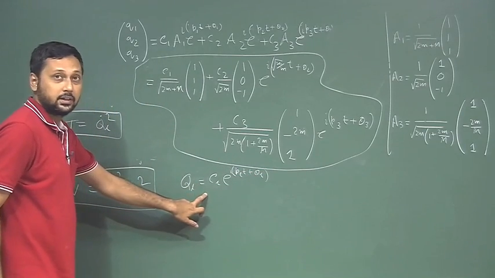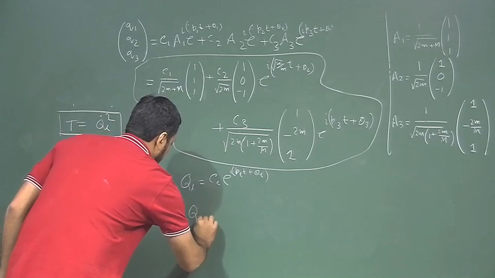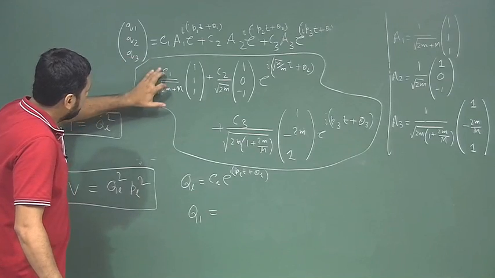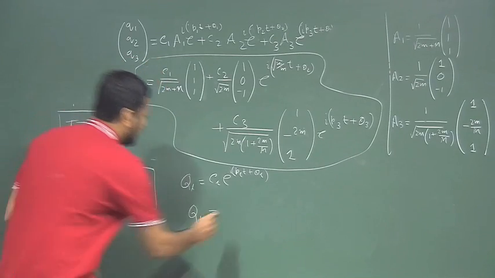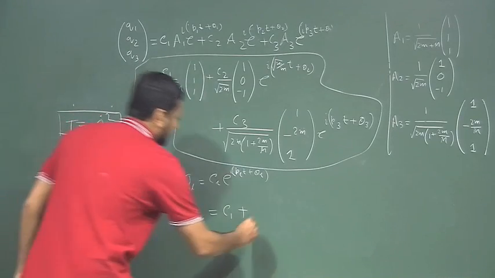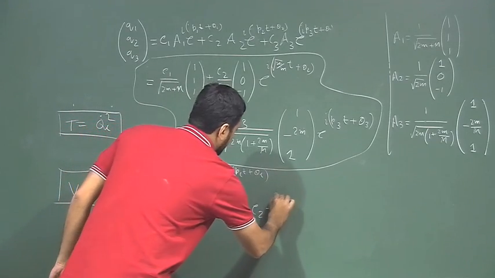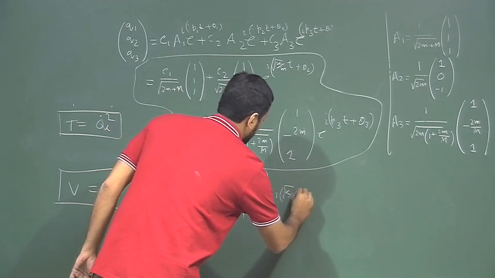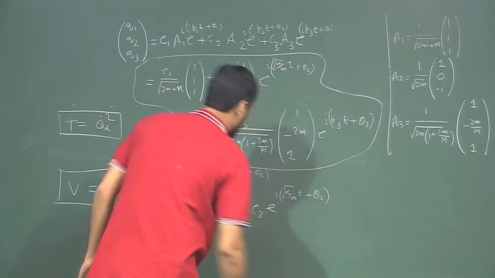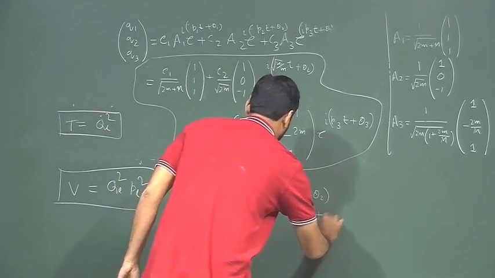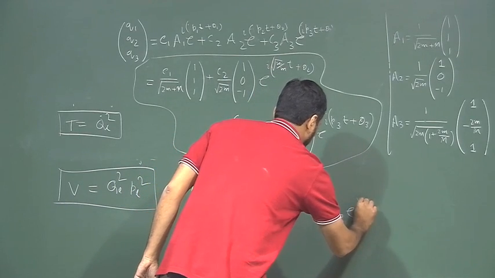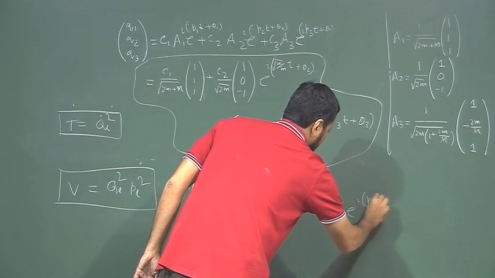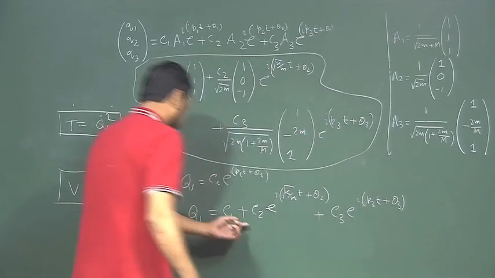If I follow this definition, my Q1 will be C1, there will be no amplitude term, plus C2 e to the power i (root k by m t plus theta 2) plus C3 e to the power i (P3 t plus theta 3), this third frequency.